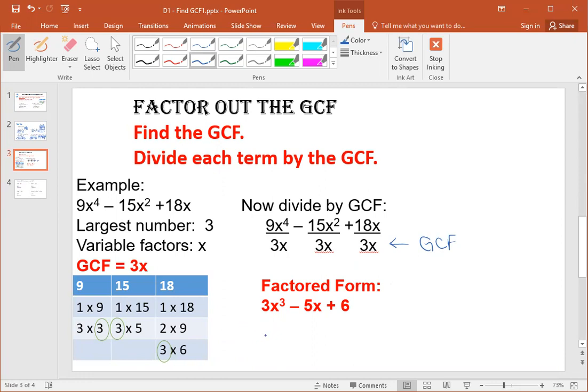So the final factored form would look like your GCF times whatever was left over.